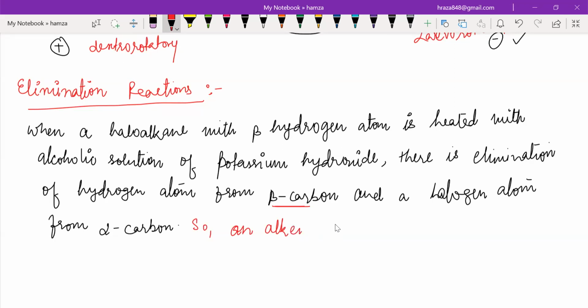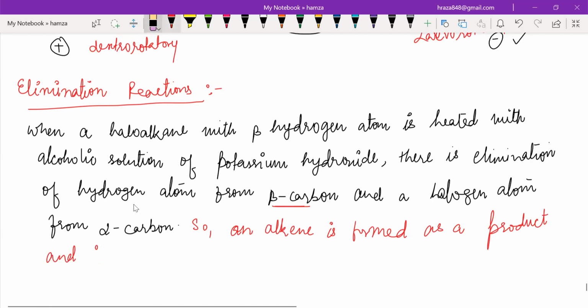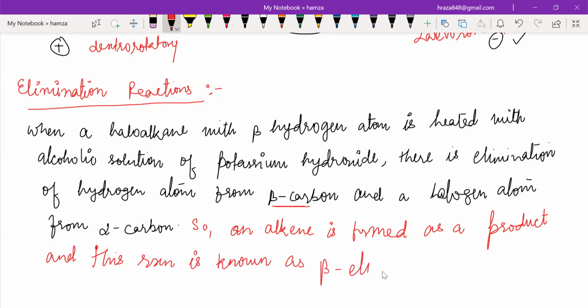That means an alkene is formed as a product, and this reaction is known as beta elimination. So please write it. Then I will tell you what is alpha and what is beta.